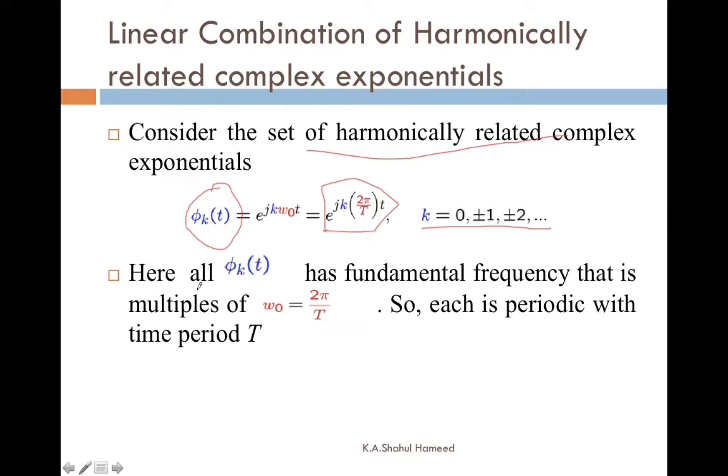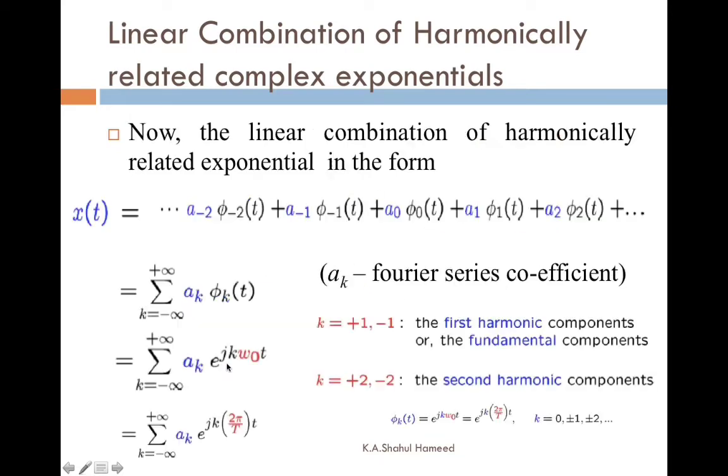Here all phi k have fundamental frequency that is a multiple of omega naught equal to 2 pi by T, so omega naught is the fundamental frequency. I can even say that this is the first harmonic, and if it is 2 omega naught, then it is the second harmonic, third harmonic, fourth harmonic, and it will go up to infinity. So each is periodic with time period capital T.